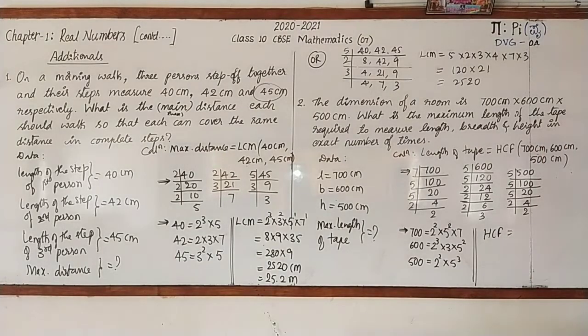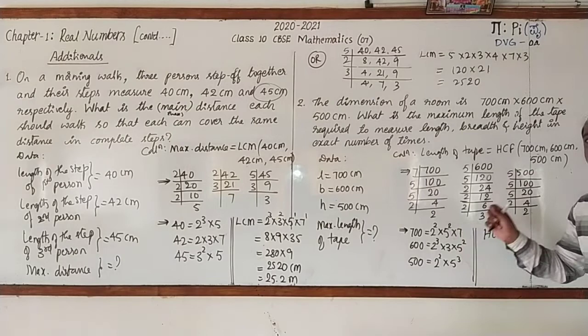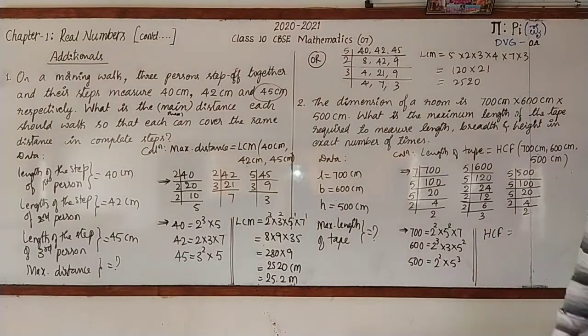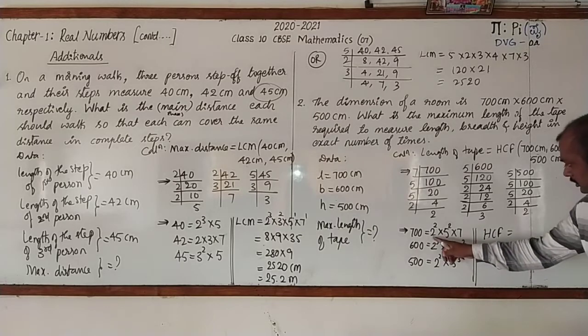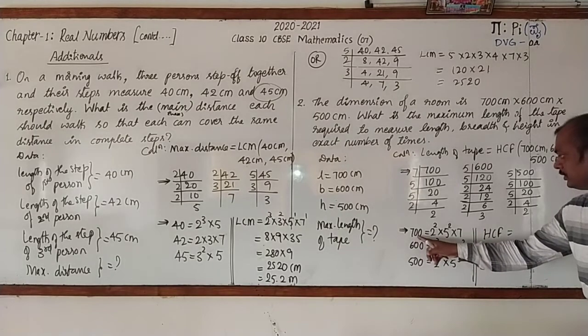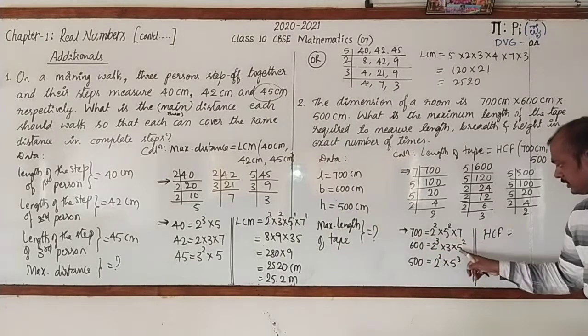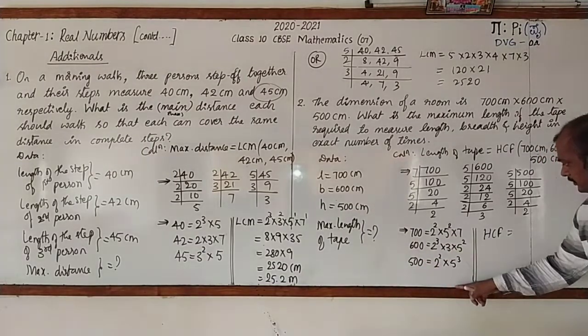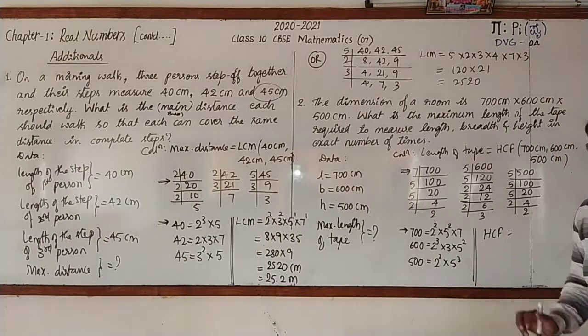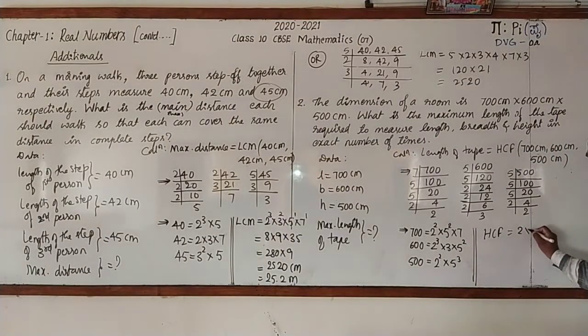Next, let us find the HCF. HCF is the product of the least power of each common prime factor. So just identify the common factors. 2 is a factor of 700, it is a factor of 600, and it is a factor of 500. 2 is there, and even 5 is there. Here I'll write 2 into 5. You have to write their least power.